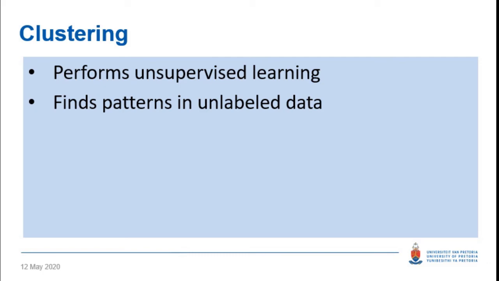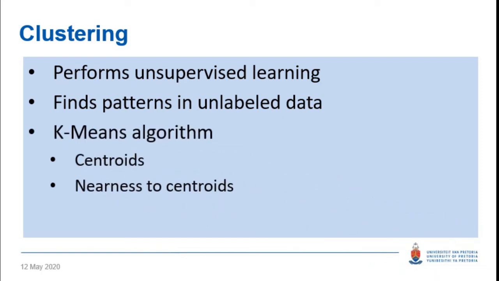We don't know what the dependent value is for a set of independent values. The idea is that you find some way of finding patterns in this unlabeled data that can help you decide what the flower is, for example, or what the particular dependent variable value is. We're going to look at this in more detail later on in the module.